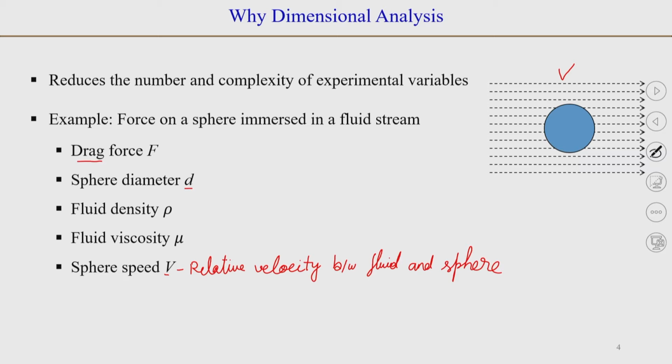Now, if we want to do the experiments and find out the dependence of force on these different parameters, that is, how force depends on the diameter of the sphere, density of the fluid, viscosity of the fluid, and speed of the sphere, then we might need to do a number of experiments.